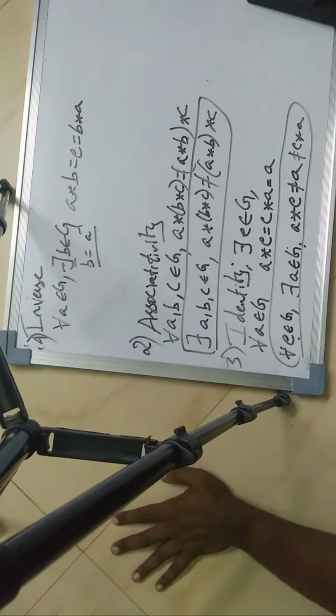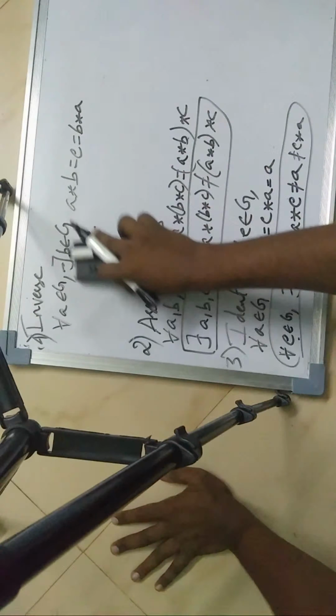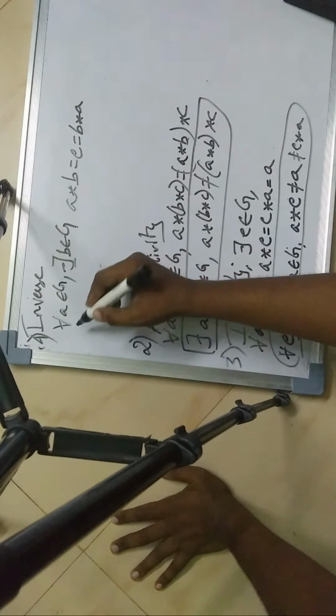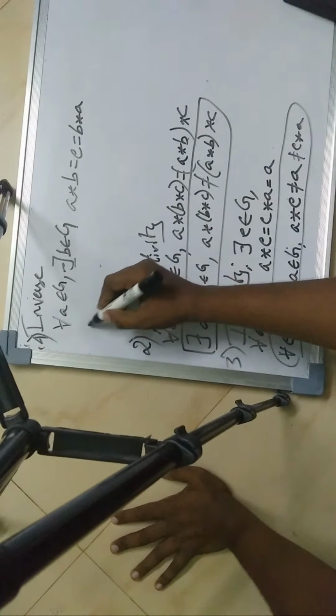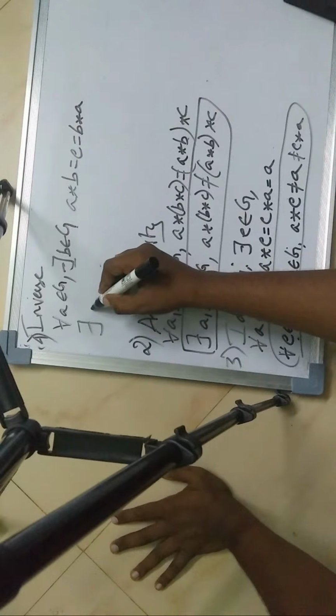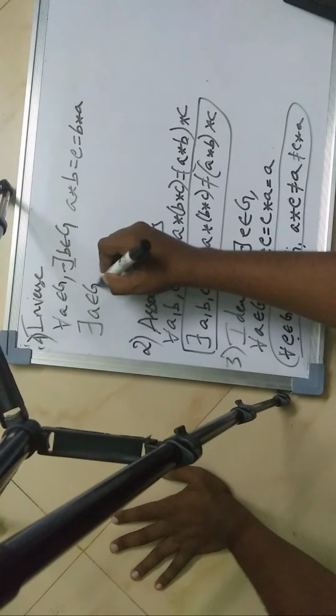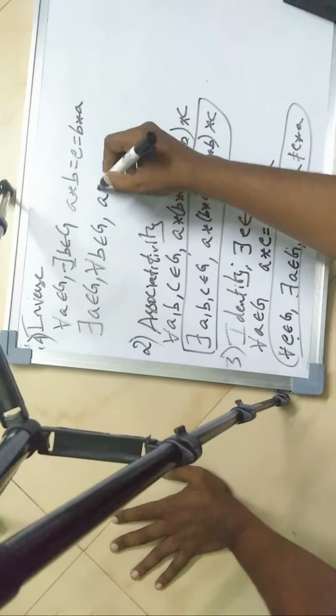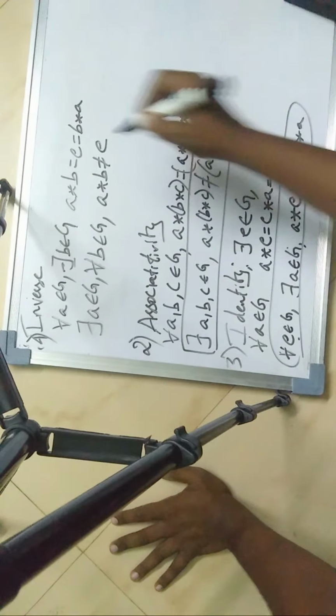Now, suppose a set does not satisfy the inverse axiom, then what we need to show is there exists at least one element A in G such that given any B in G, A star B is not equal to identity.